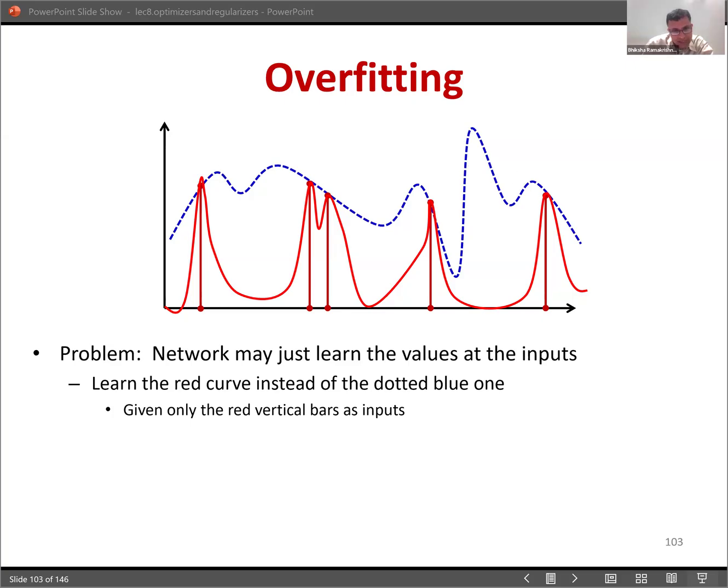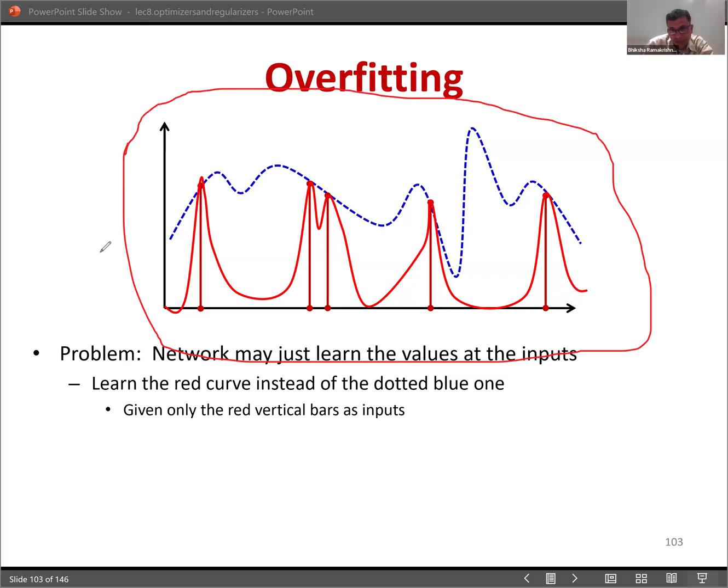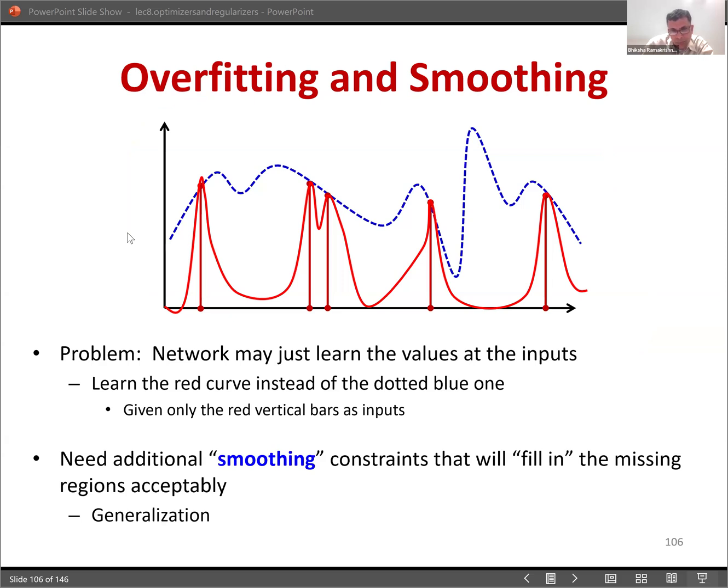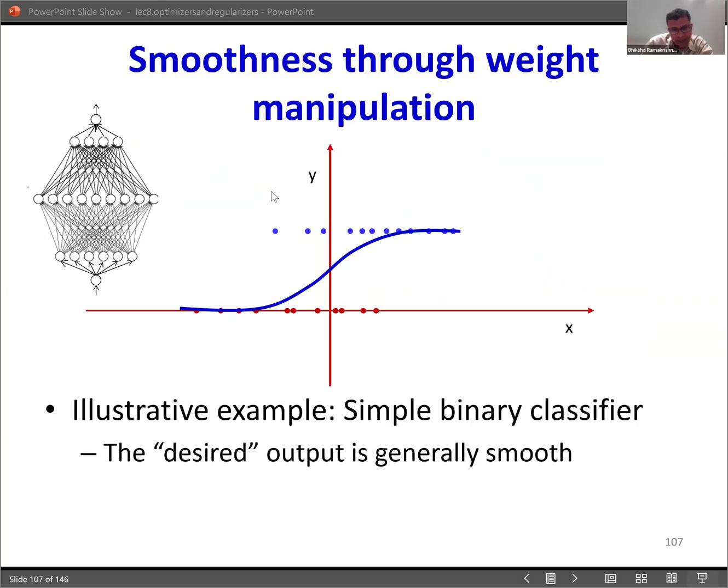So is this making sense? What's happening here? And so somehow we need to prevent this, right? How do we prevent this? We need additional smoothing constraints that will somehow fill in these missing regions in an acceptable manner. To give you a better idea, let's consider a simple network which is performing binary classification of scalar data.